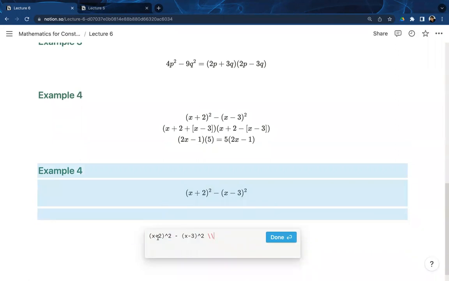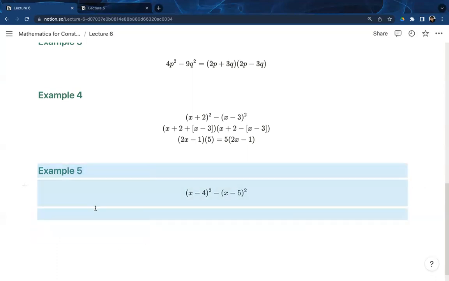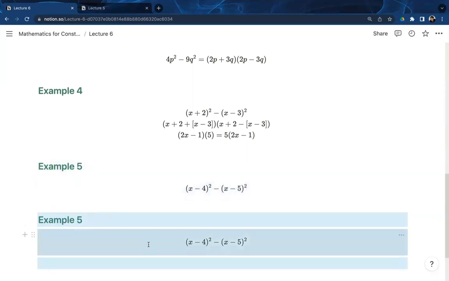So try this one here. I'll give you like 2 to do, just to practice the technique, right?